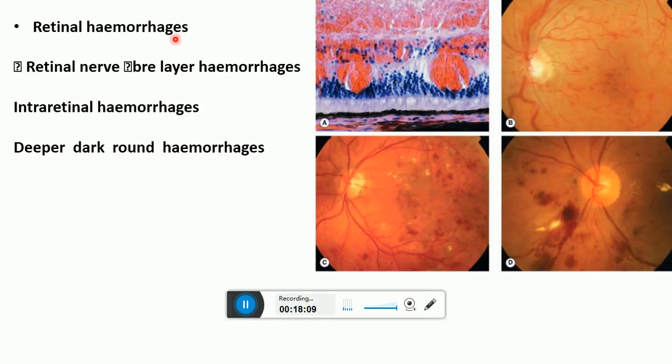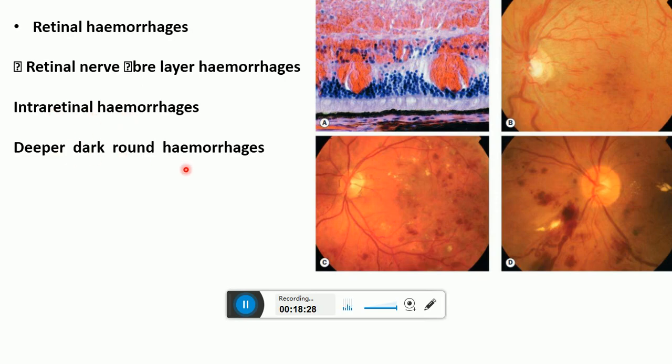Retinal hemorrhages. The next sign is retinal hemorrhages. They are divided into nerve fiber layer hemorrhages, intraretinal hemorrhages, and deep dark round hemorrhages.